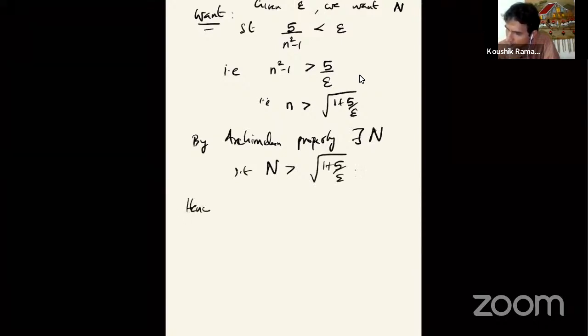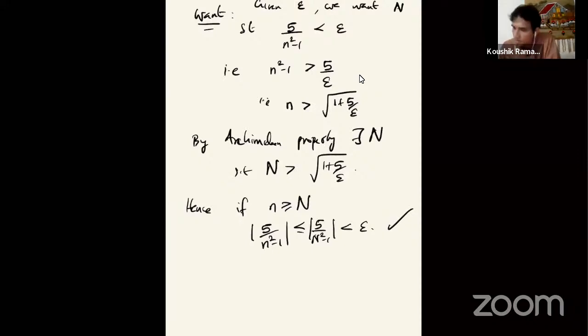Hence, if little n is bigger than or equal to capital N, we have 5 by n squared minus 1 less than epsilon. The inequality goes the other way, because if little n is bigger than capital N, then little n squared minus 1 is bigger than capital N squared minus 1, and so on.